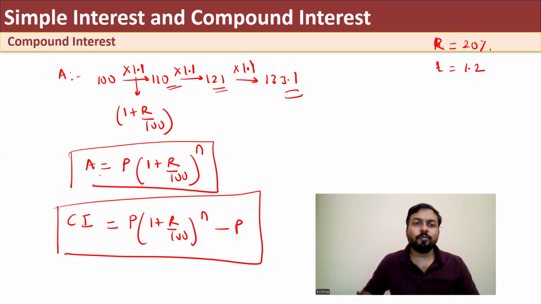These are the two formulas in the compound interest concept. Also you should know that the compound interest for specific years and the amounts are in GP. Let's see a question on this.